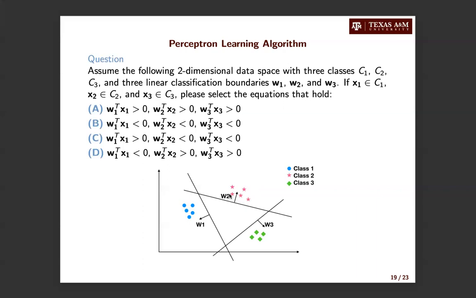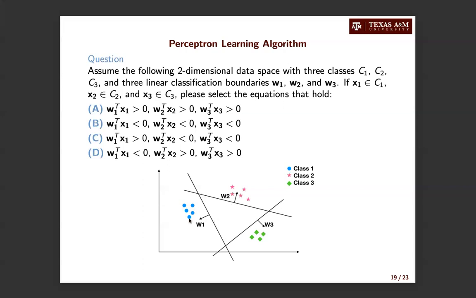Therefore, the inner product of this sample with W2 will be positive. And whatever sample is in the opposite direction will be represented by the negative class. Therefore, its inner product with W2 will be negative. So we would like to see which of these equations hold here.